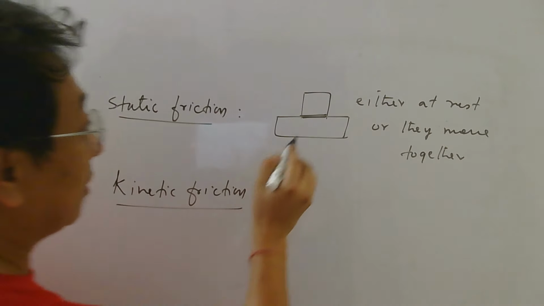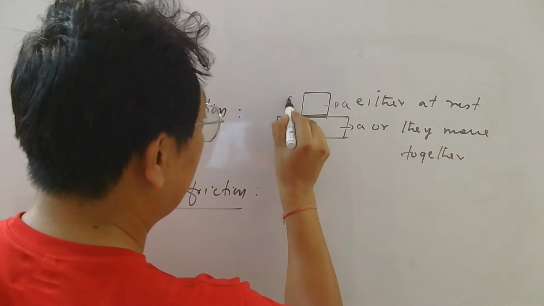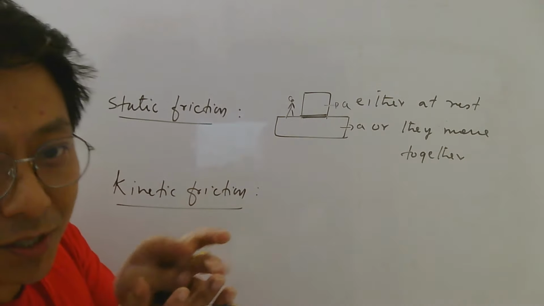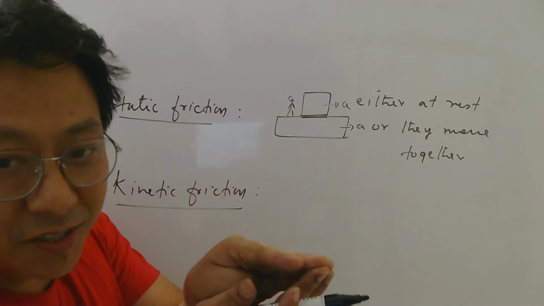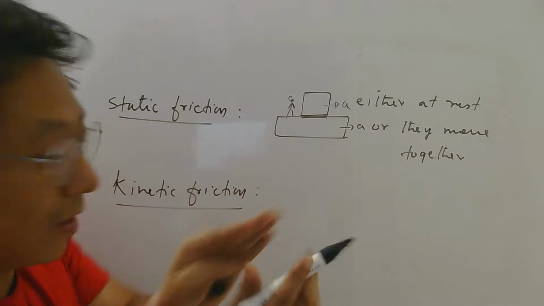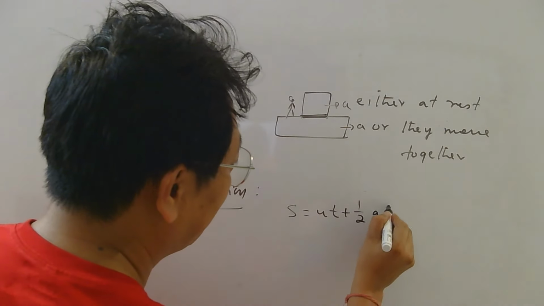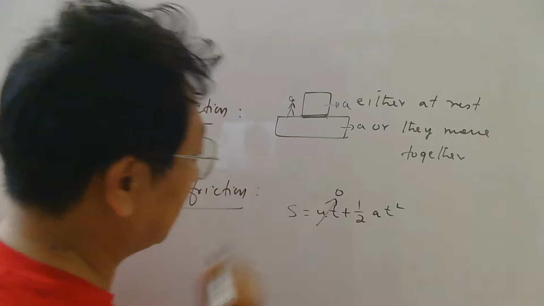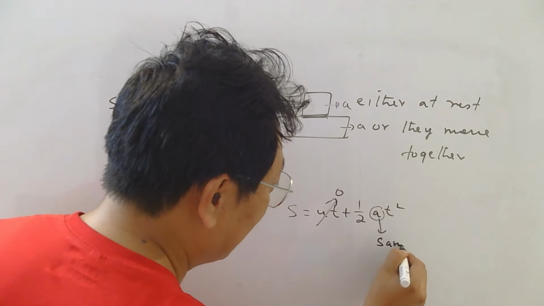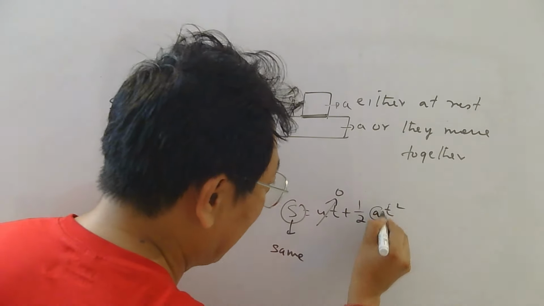Okay, because if they move together with same acceleration, then if you sit here, you will see this other one is at rest only, because initially we will assume they started from rest. So if both the blocks have same acceleration and initial velocity is 0, then both the blocks will have same displacement in a given time.